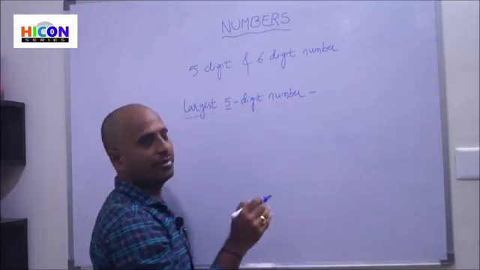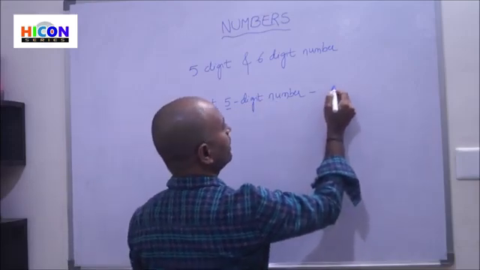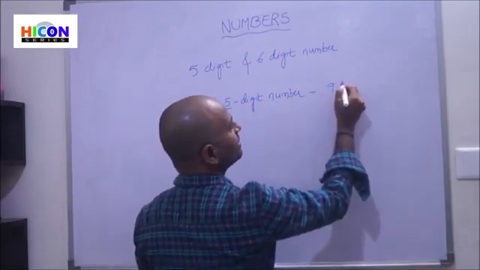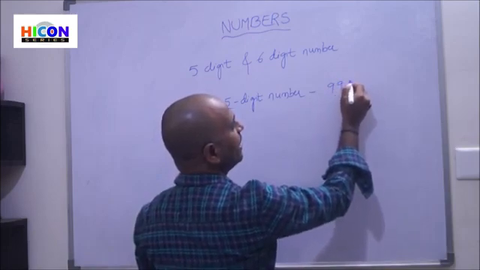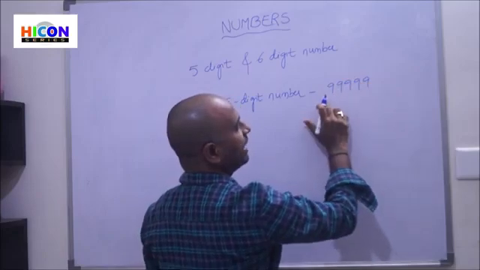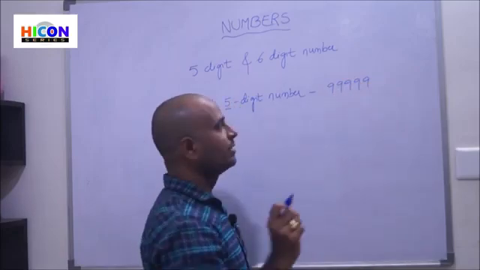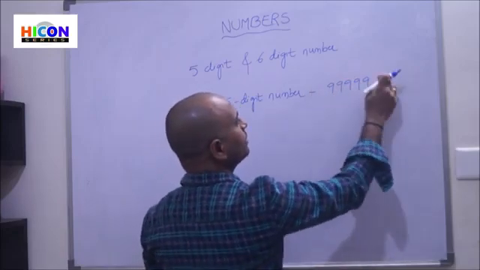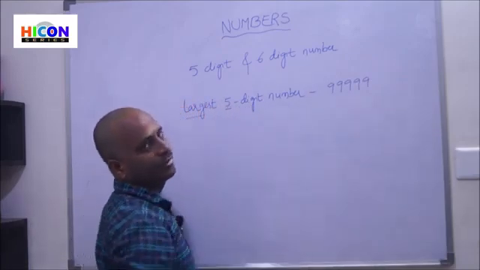So that's why we simply write 5 nines: 9, 9, 9, 9, 9. So 9 is written 5 times. So this is nothing but the largest 5-digit number.